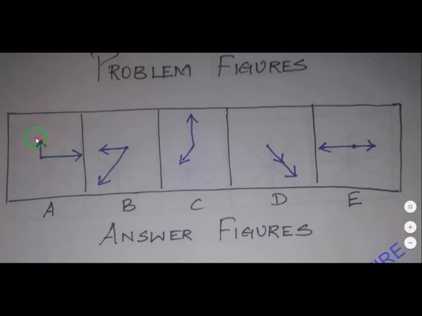So first of all you take the small arrows in each image. In the first image, A image, a small arrow is here, in the straight. Next it comes like this. Okay, there is one line in between A and B, between these two images.